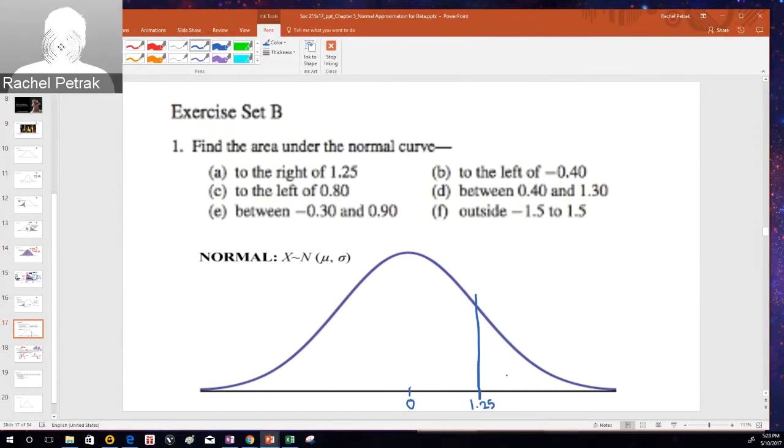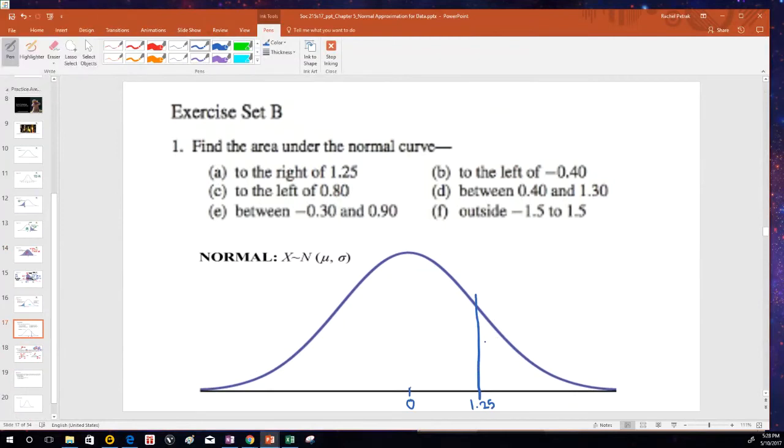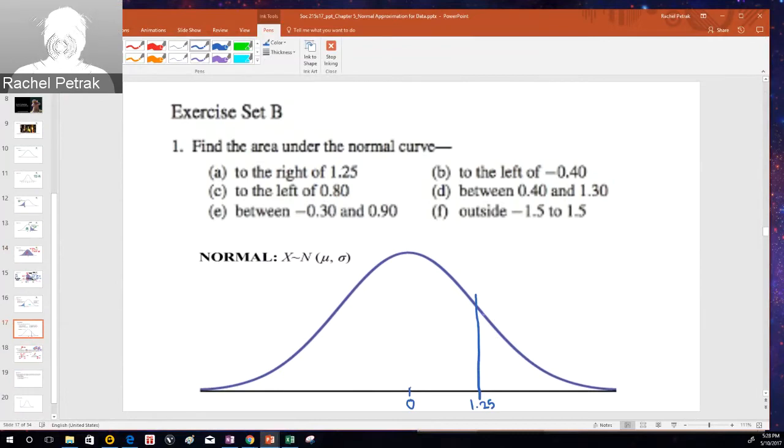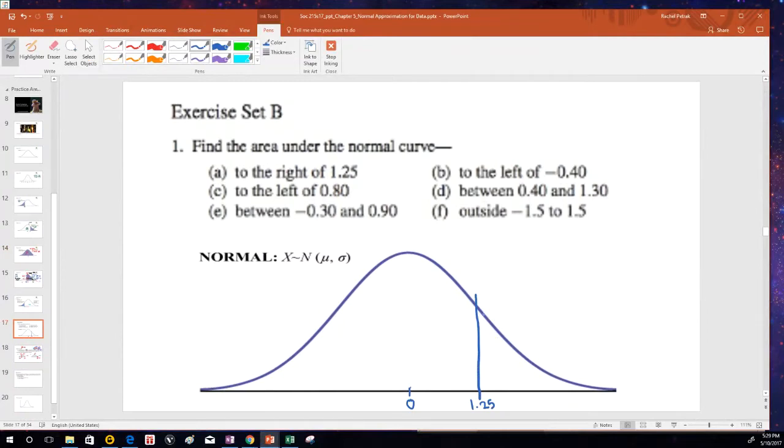And to get the area to the right, I'm asking you now, what column of our Z table will we use to find this area to the right of a Z-score of 1.25? Are we going to find that area in column B or column C? Make a guess.